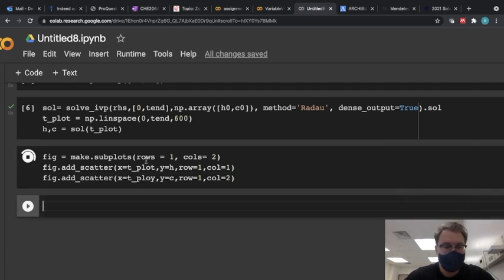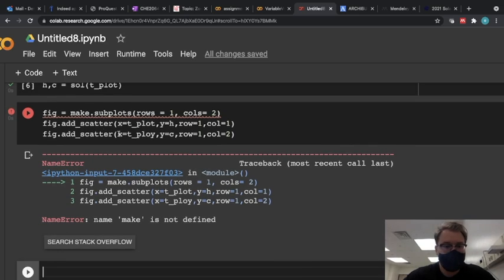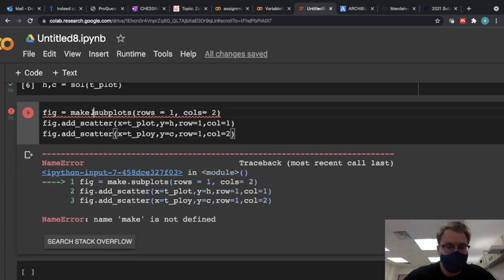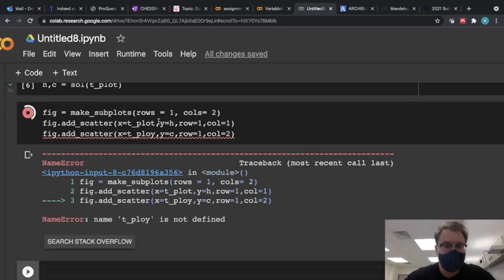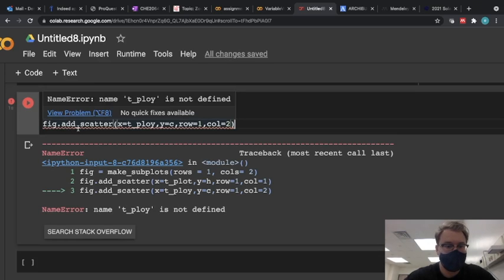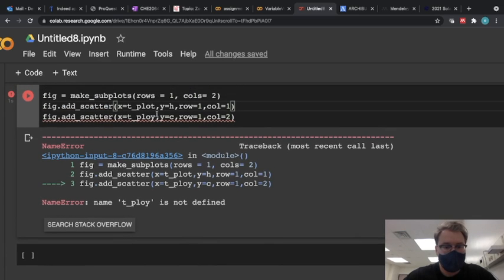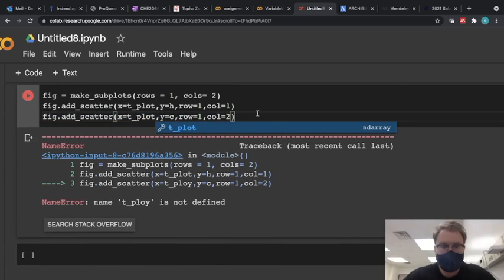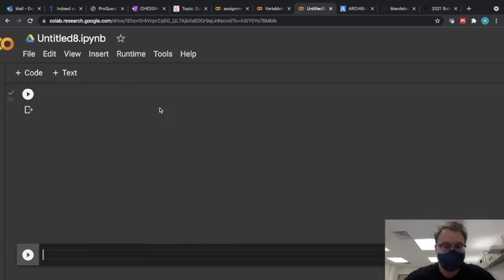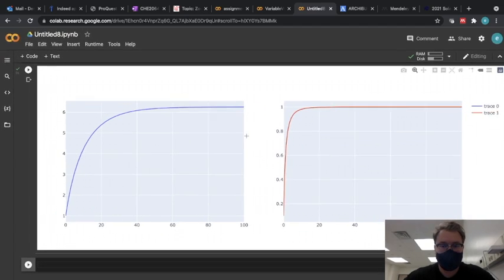So I hit Shift Enter, see, make subplots. Oh, that's supposed to be an underscore there. Oh, spelling error, t-plot, not t-ploy. And there we go.